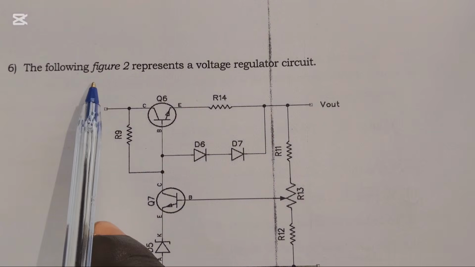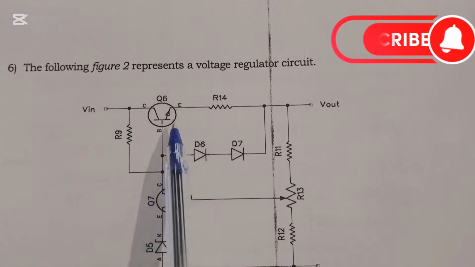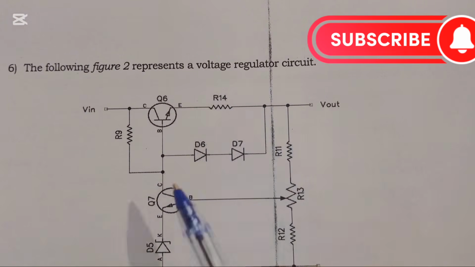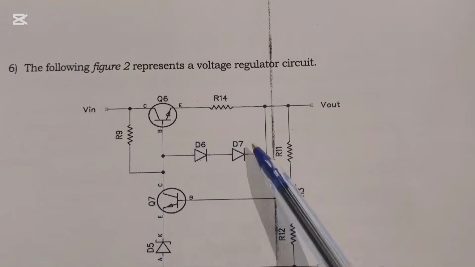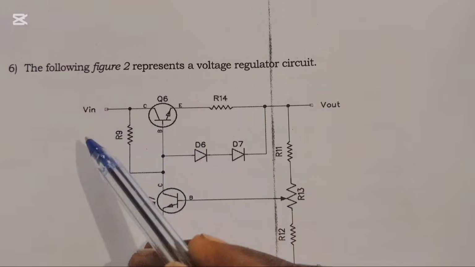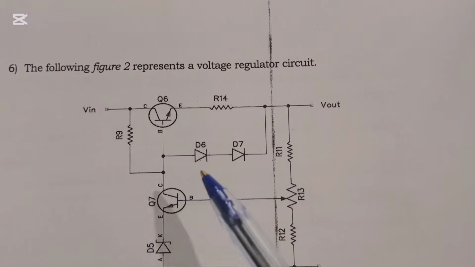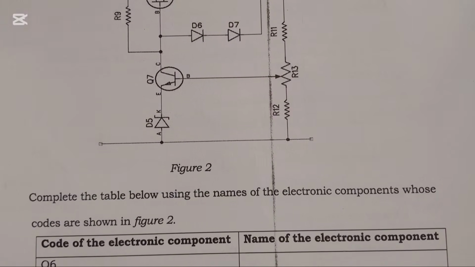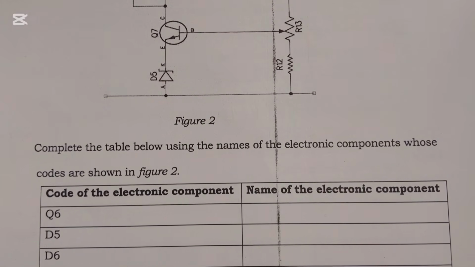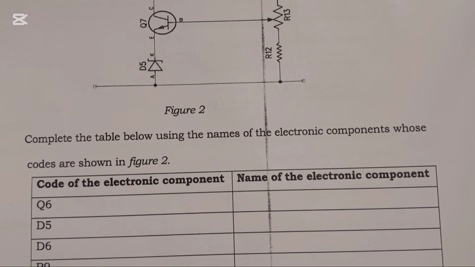Question 6. The following figure 2 represents a voltage regulator circuit. This is what we call a regulator circuit. Now the question is: complete the table below using the names of electric components whose codes are shown in figure 2.